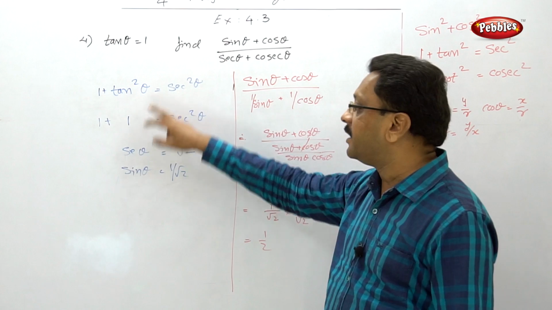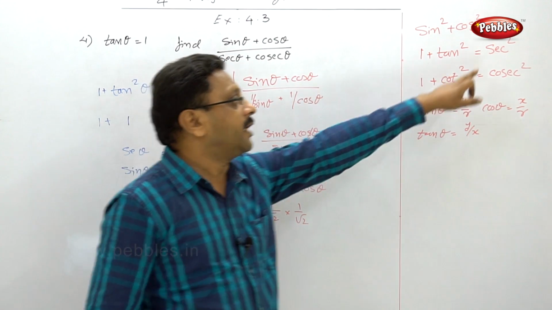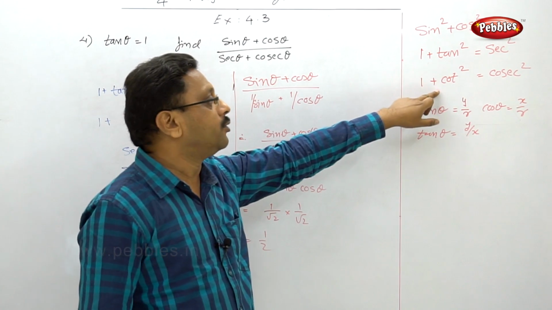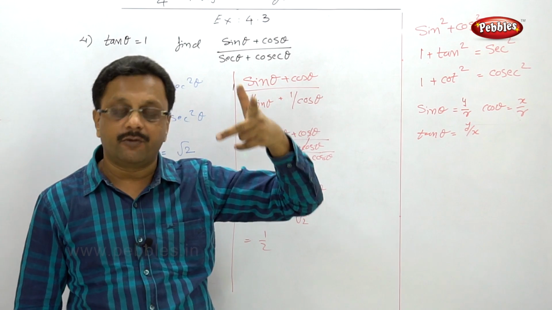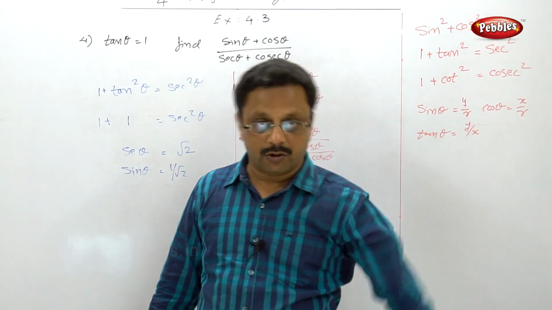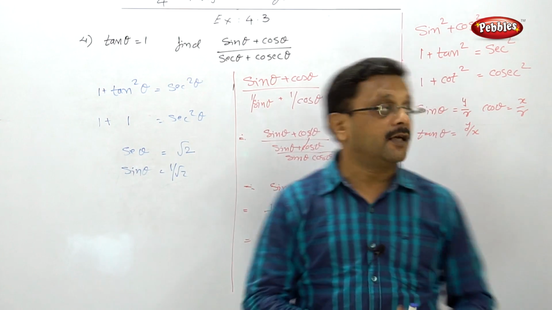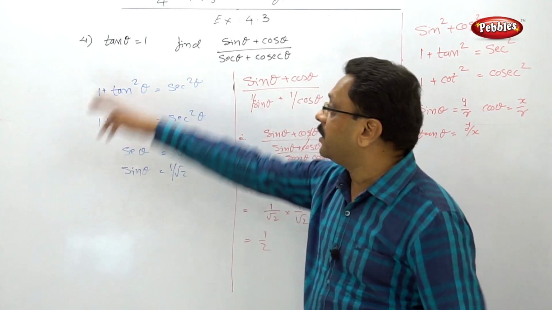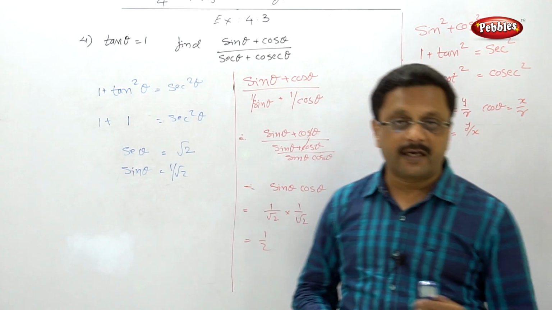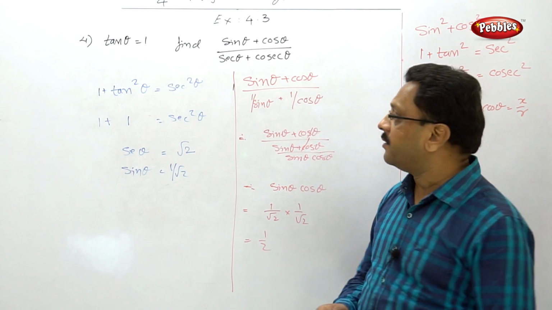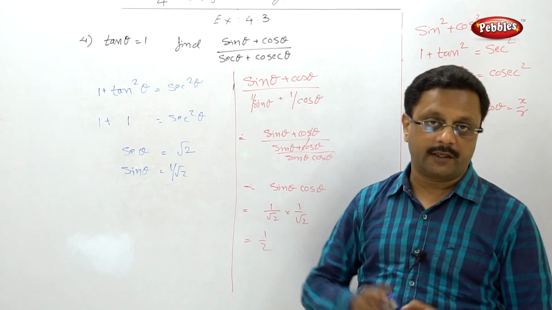Either use identities. The first identity you can use tan, so you can get sec. Second identity you can use and you will get cosec. And alternately, by reversing it, you will get sine and cos also. So that value you can find out either by identities or by taking tan theta is equal to y upon x, find the value of r, and then find the value of sine and cos and sec and cosec.